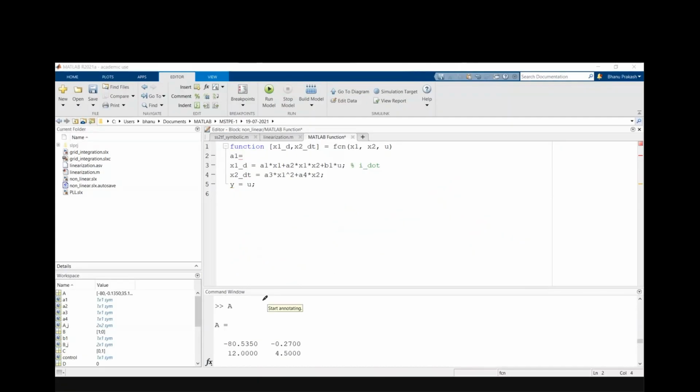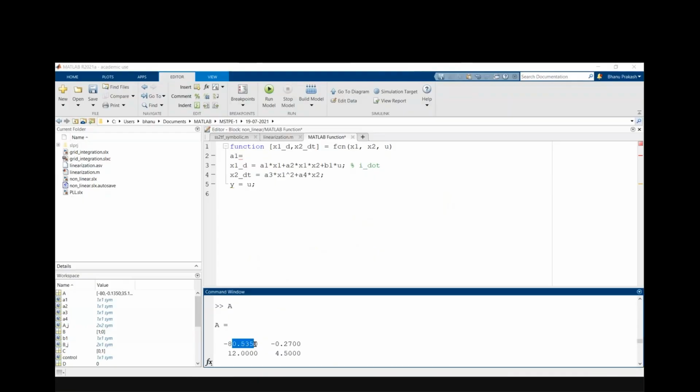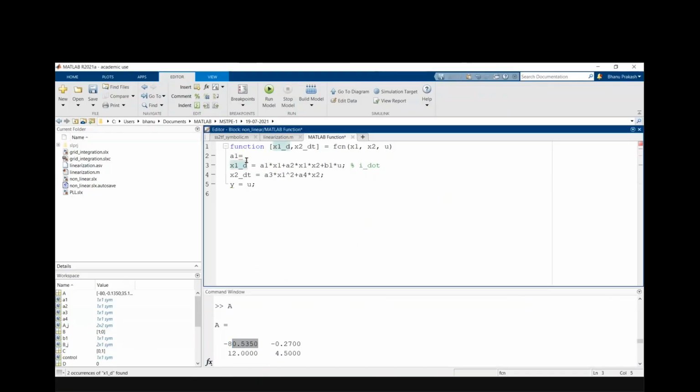Okay, let us assume that these are the values itself. I'm taking these values for A1, A2, A3, A4. Let me write it as A1 as minus 79, comma, what about my A2? A2 equal to, I'll make it something minus 0.3.